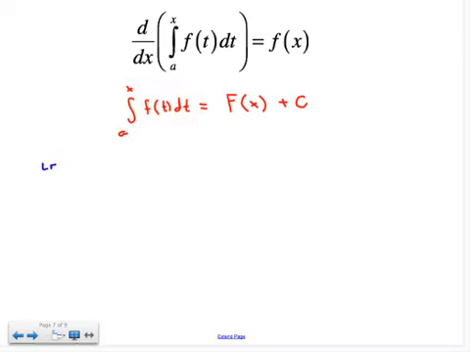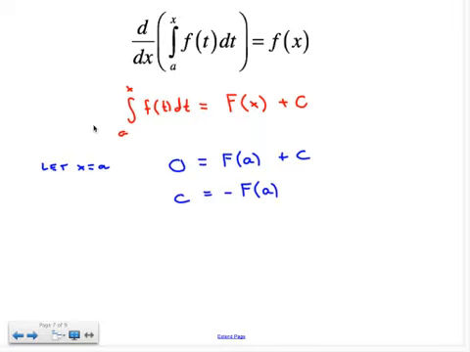If we let x equal a, that's the one value we know for certain because the integral from a to a of anything is always 0. If we substitute a in, we get 0 is equal to capital F at a, that's the antiderivative of f at a, plus a constant, and therefore we can solve for the constant, which becomes the negative antiderivative of f at a. This is a number.